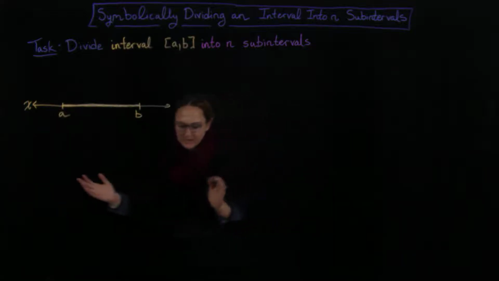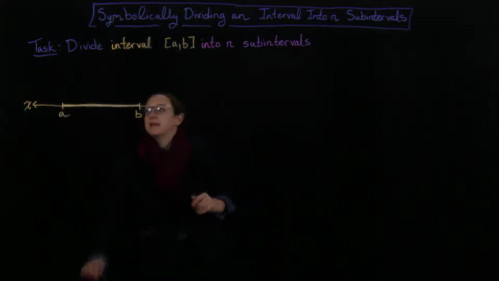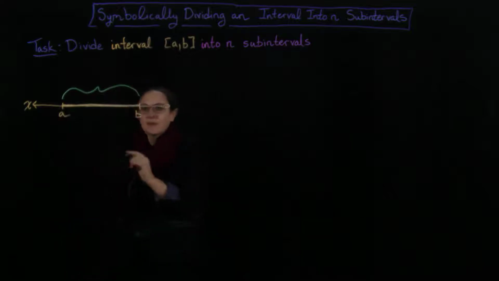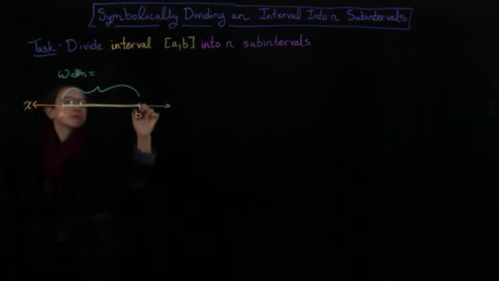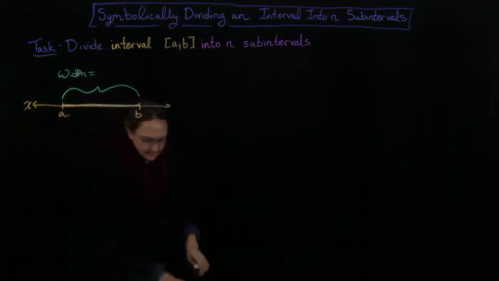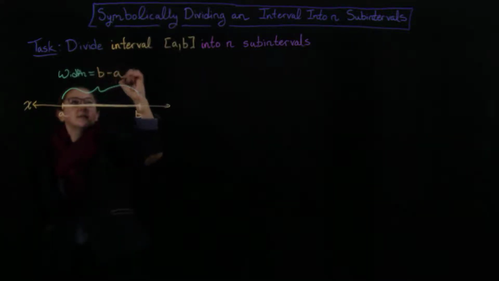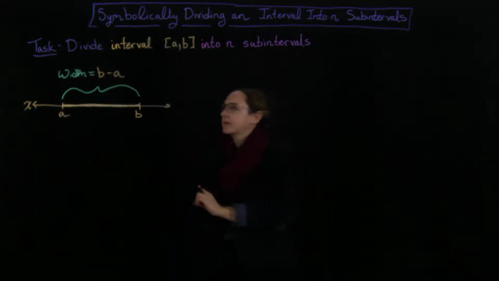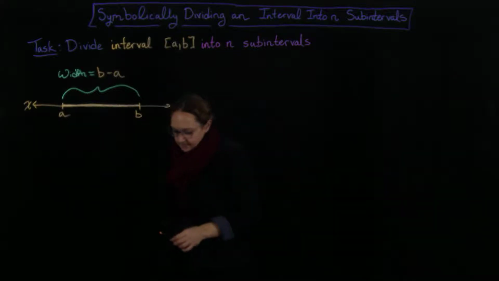So what is the width of this entire interval? This width is going to equal b minus a. Whatever those values are, some of them might be negative, so a lot of times it helps to put in parentheses.